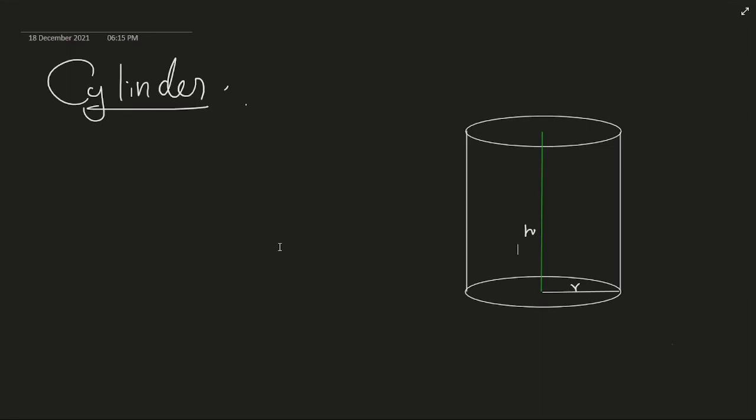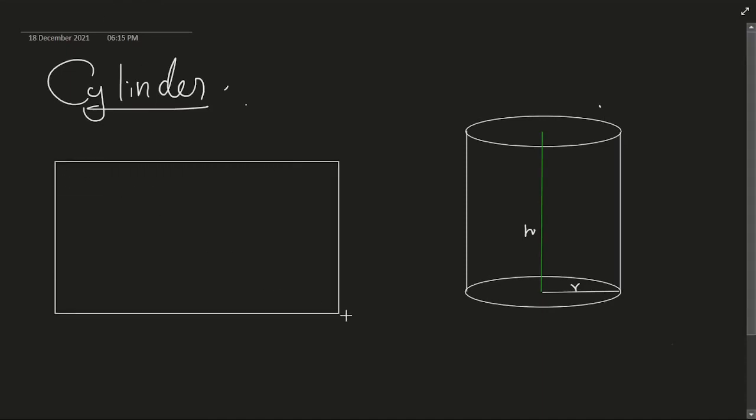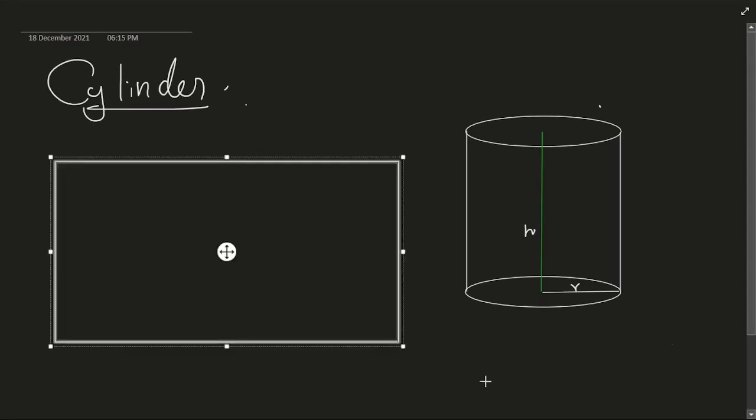Similarly, if I cut this cylinder at any one of the edges and open it, it will become a rectangle. Yes or no? What will be this length?